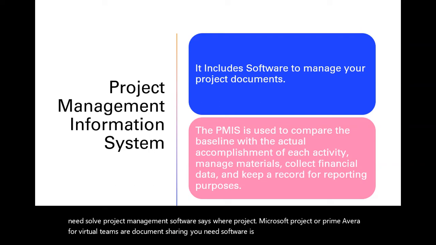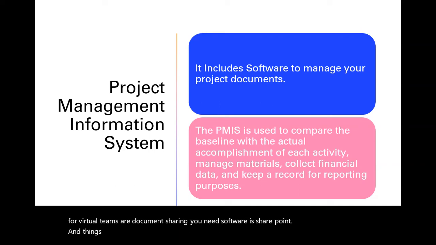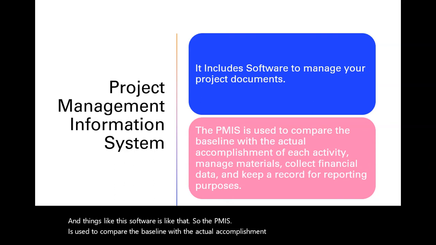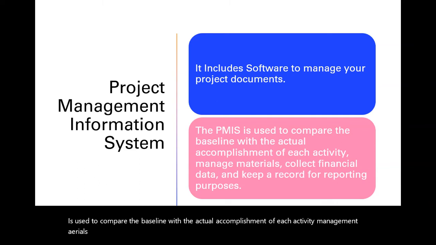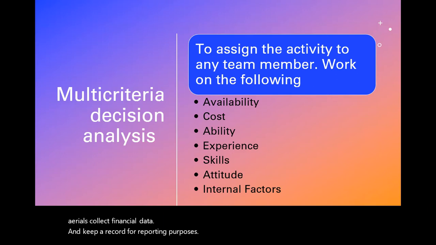So the PMIS is used to compare the baseline with the actual accomplishment of each activity, manage materials, collect financial data, and keep a record for reporting purposes. So these were the tools and techniques of estimate activity resources.